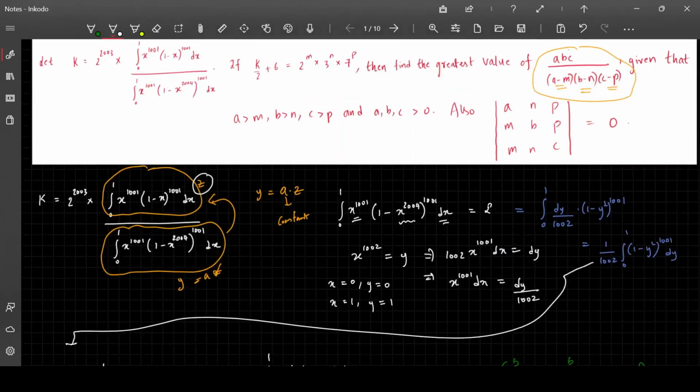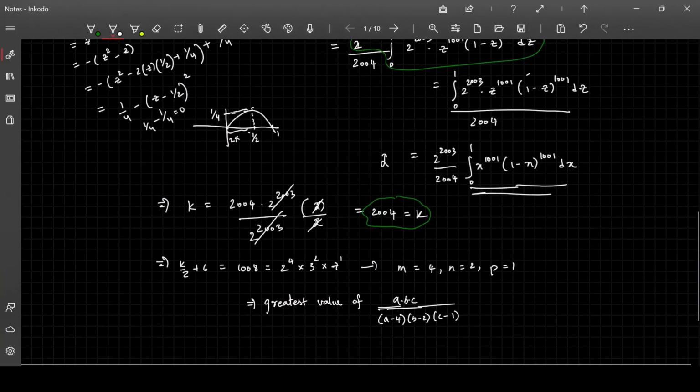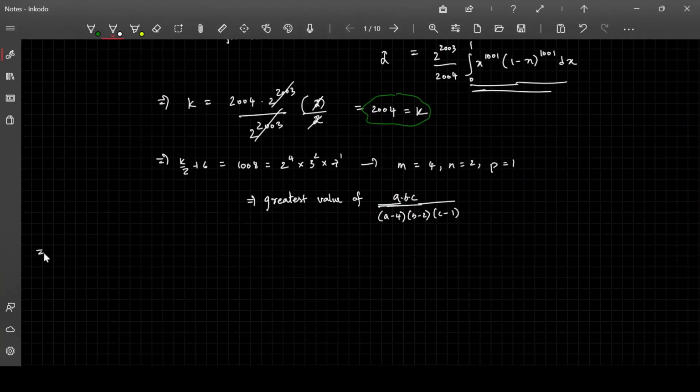Now let us use this condition, the determinant with rows A, m, p; 1, B, p; 1, m, C, with m is 4, n is 2 and p is 1, is equal to 0. So this is the determinant given to us.